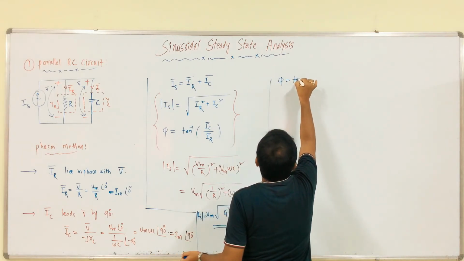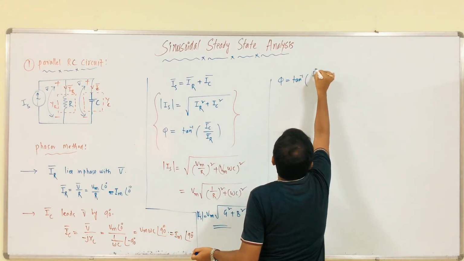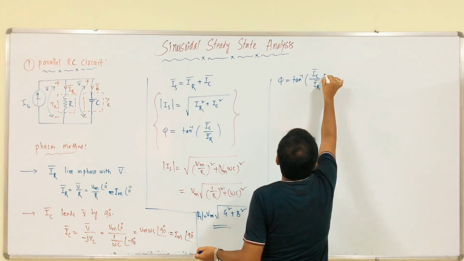Next, the phase angle. Phi is equal to tan inverse IC by IR.